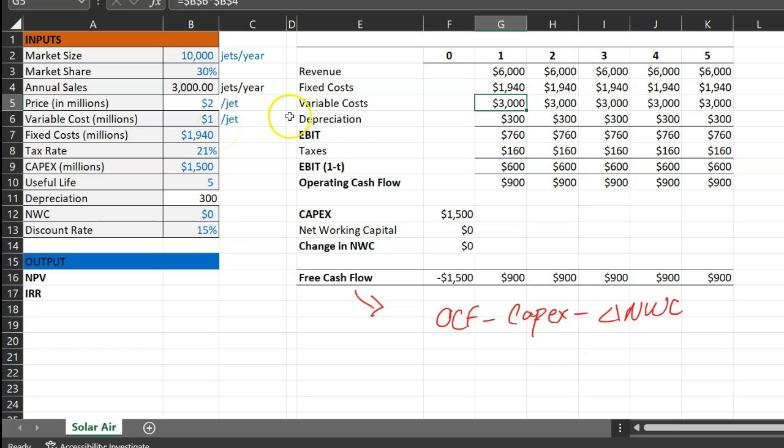The reason that is important is because later on, when we say our fixed costs could be different, maybe 2 million or 2.5 million, we're not scrambling to look for where we entered our fixed cost in our model. We know that all we have to do is change this number to 2500, for example, and it will automatically get reflected everywhere in the model.